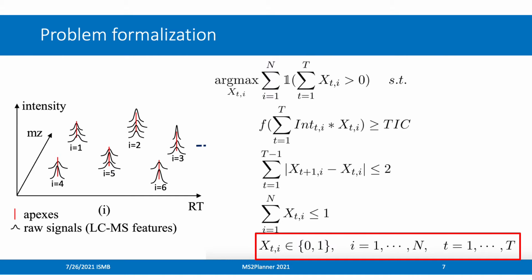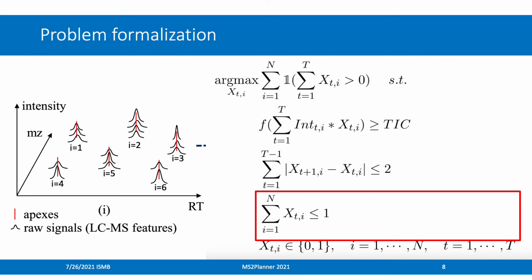Assume we end up with n different clusters, and we can discretize the RT axis into T bins. Here, X_ti is a binary indicator of whether we will acquire MS2 data at retention time t for cluster i. This corresponds to the last constraint of the optimization problem.